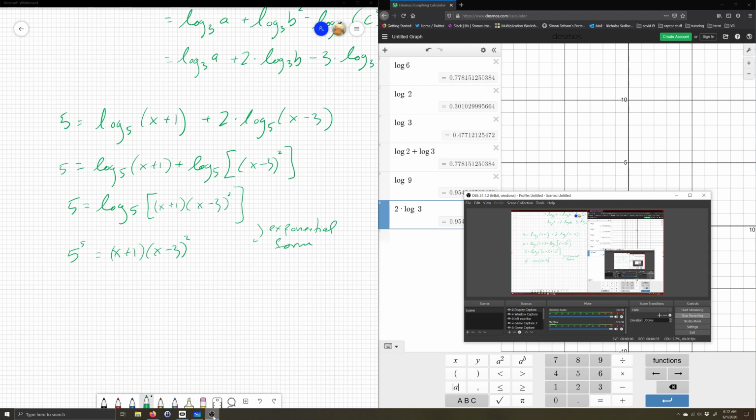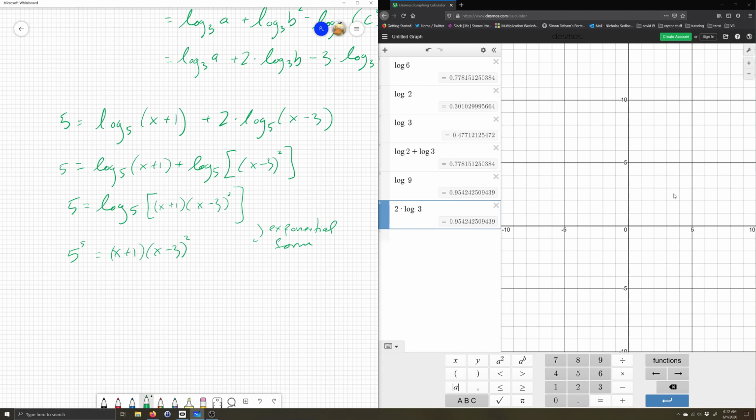How long have I been going? Right. I'm going to do one more example of each. So suppose I have the natural logarithm of the square root of x squared plus 7x plus 12.